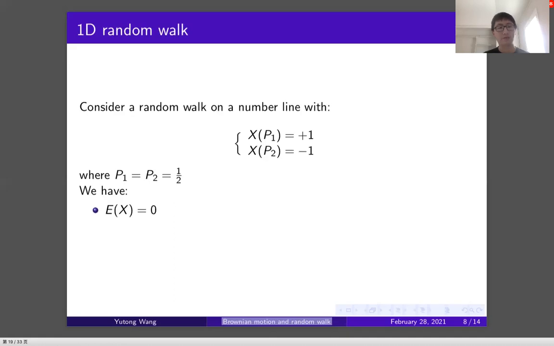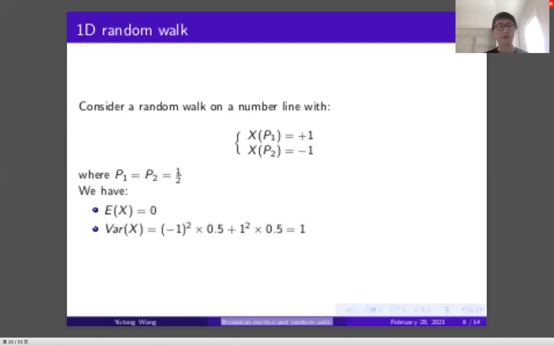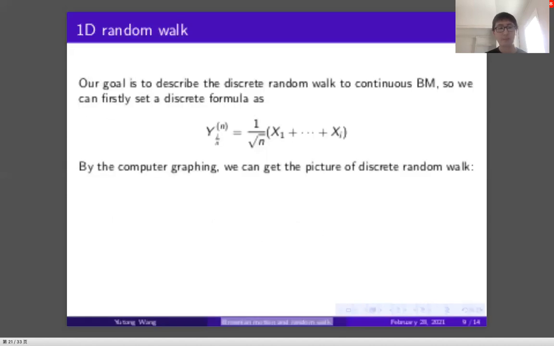So the expectation value of X is equal to 0: positive 1 times 1/2 plus negative 1 times 1/2. And we also calculate the variance of X using this formula, and the variance of X is equal to 1.